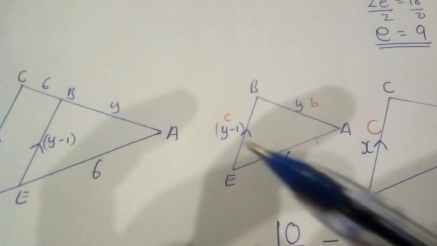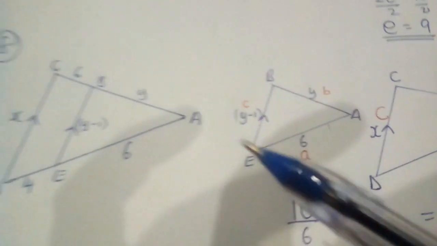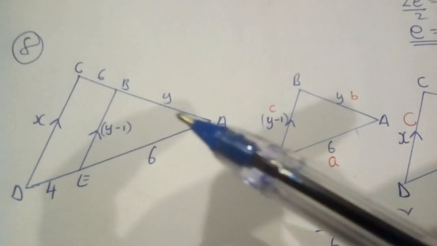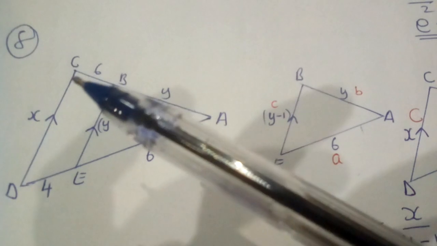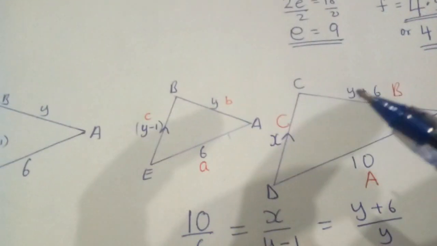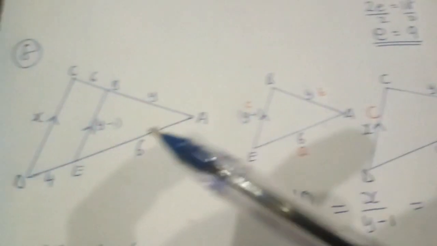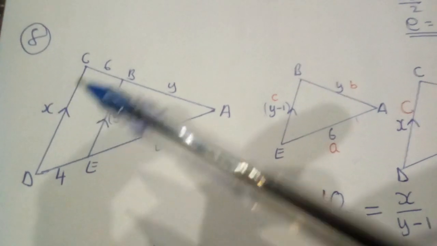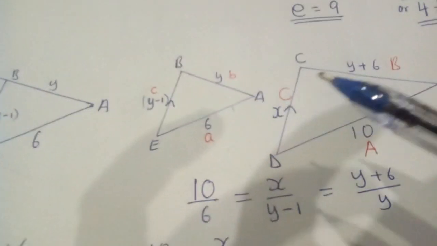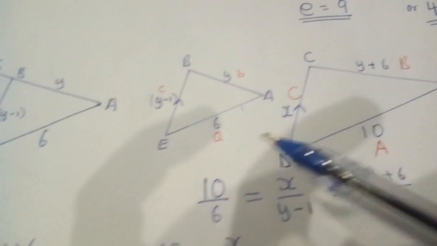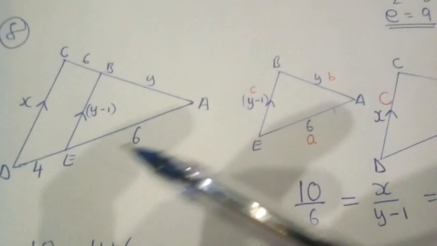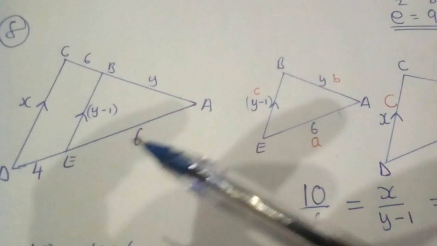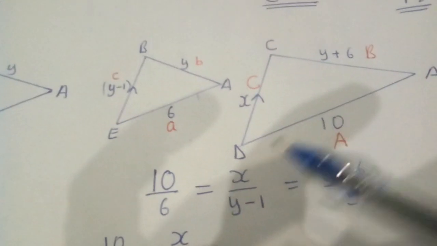For the bigger triangle, we take y plus 6. The other side, we take x. And finally, 4 plus 6, that will give us 10.